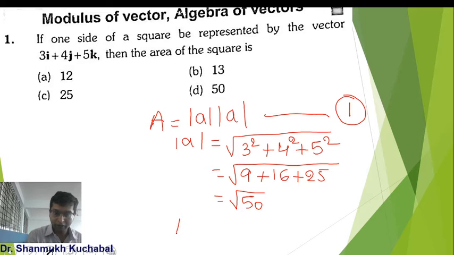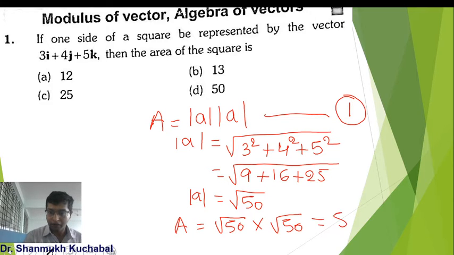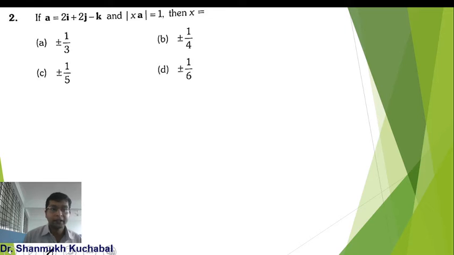In equation 1, we substitute the value of the magnitude of vector A, which is root 50 into root 50. So we get 50 as the answer. Therefore, option D, 50, is the right answer. So like this we have to solve it. Everyone, you can take a screenshot of this. Yes, we'll move to our next example.